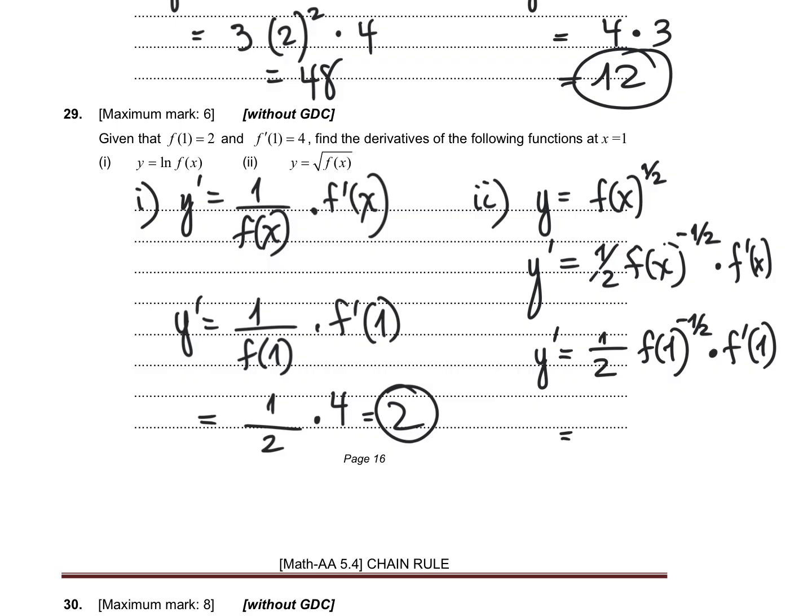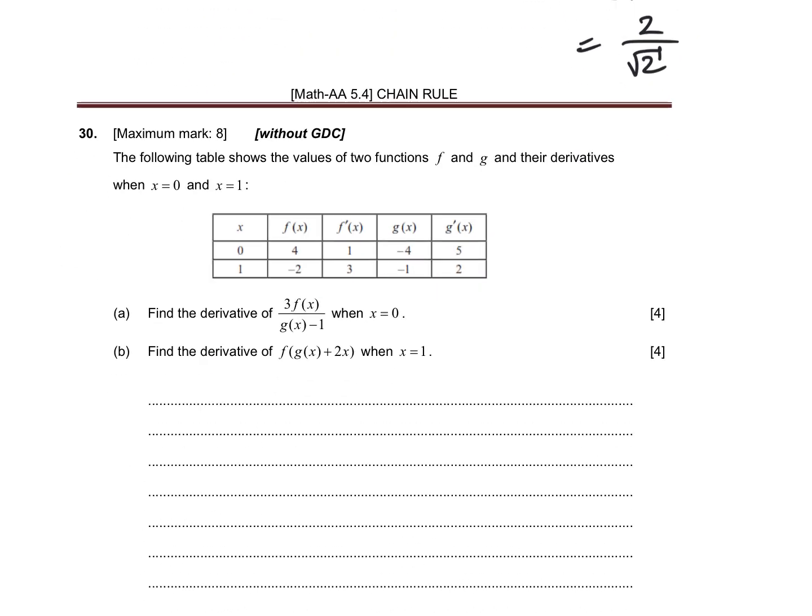So this is going to be 1 over 2, and then the square root of 2 on the denominator, then times the derivative at 4. So this is going to be 2 over root 2. So that one I got right. All right, 30.